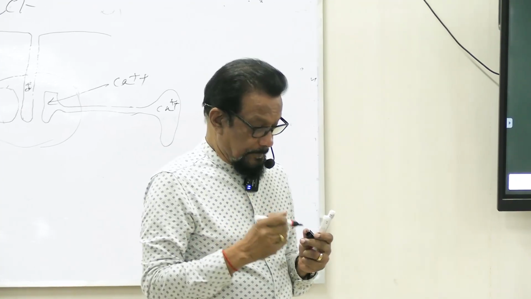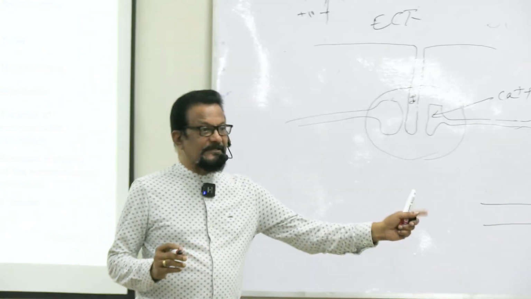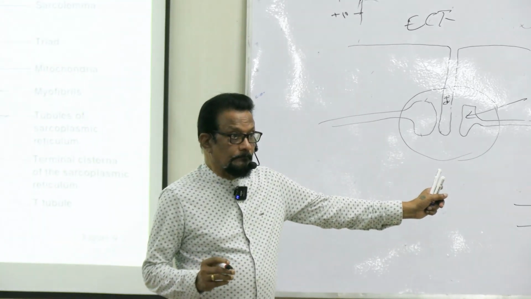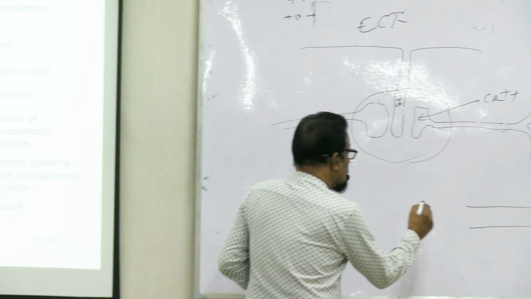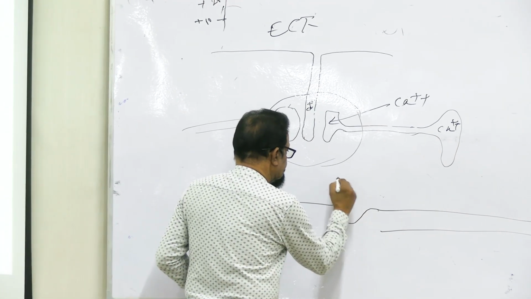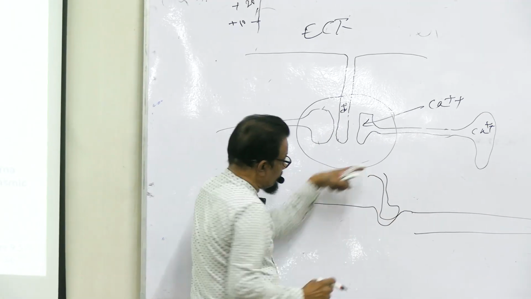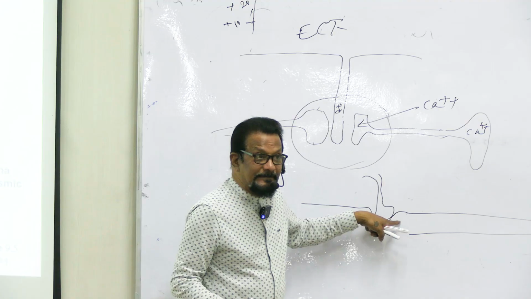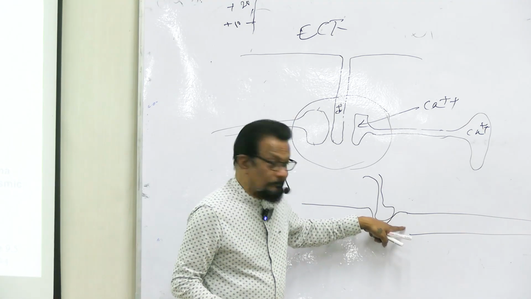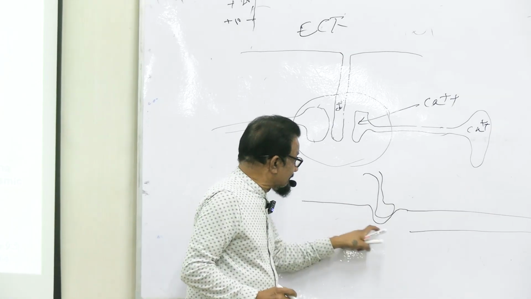Remember this. What is this? This is a nerve fiber, or this is the sarcolemma. This is the nerve ending, synaptic knob, motor end plate, and this is the sarcolemma.